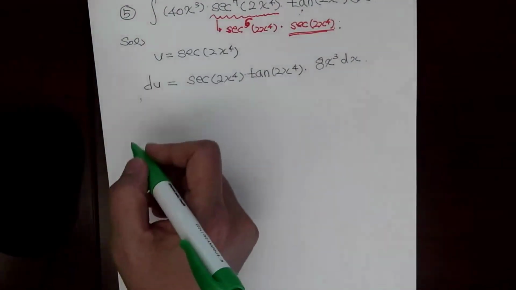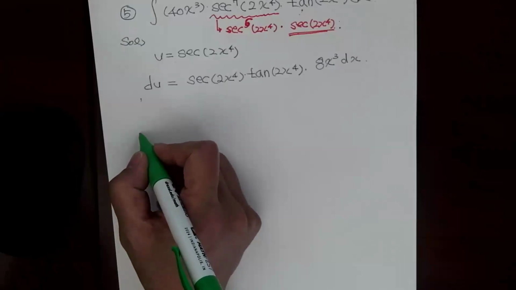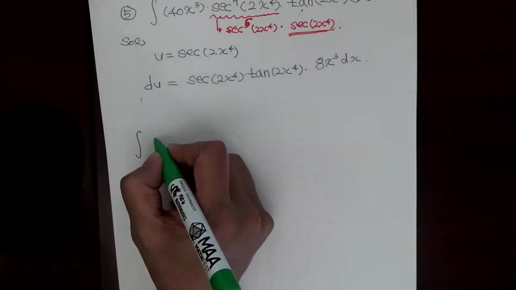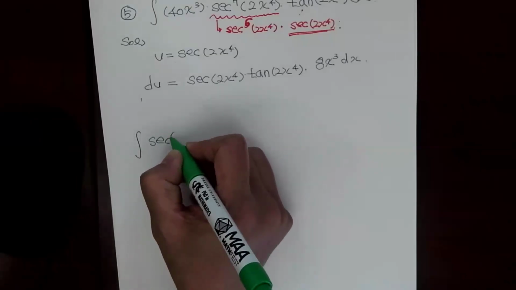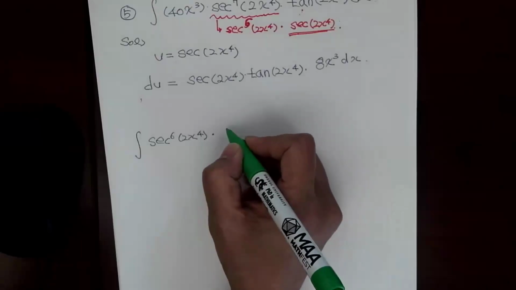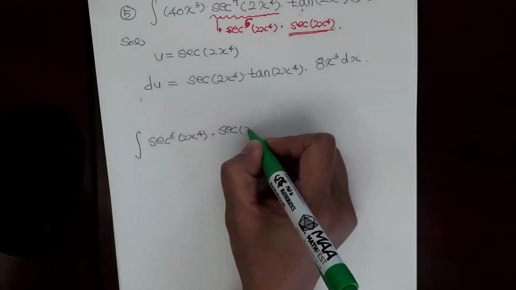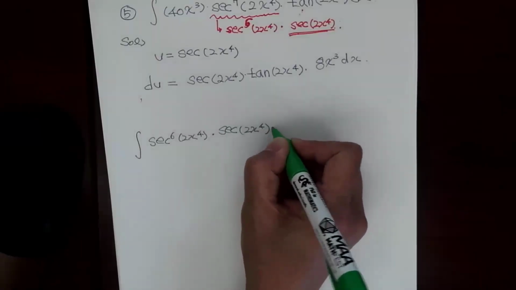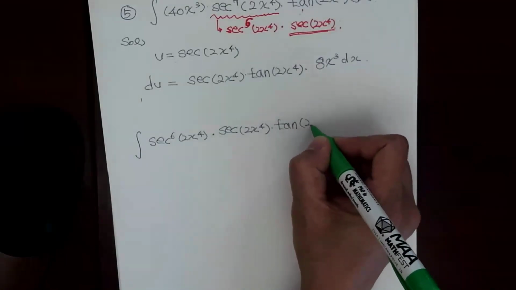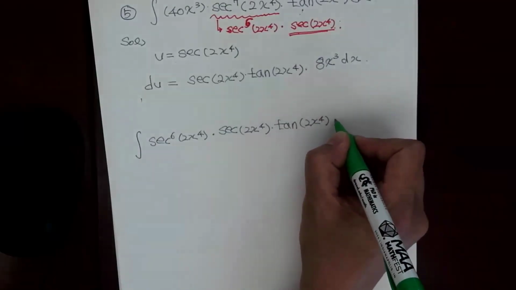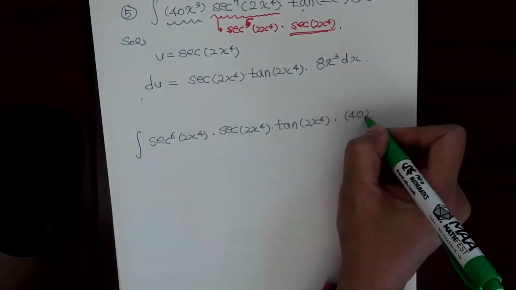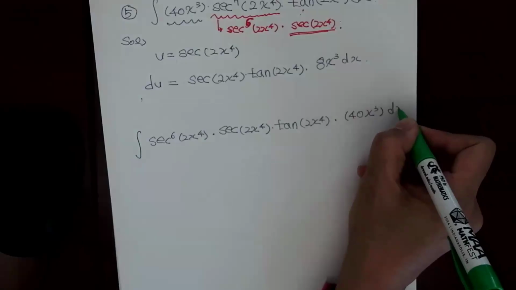So let me rewrite the function again. Then I would write secant to the sixth power of 2x to the fourth power times secant of 2x to the fourth power. And then we have tangent of 2x to the fourth power times, we had this one, 40x cubed dx.